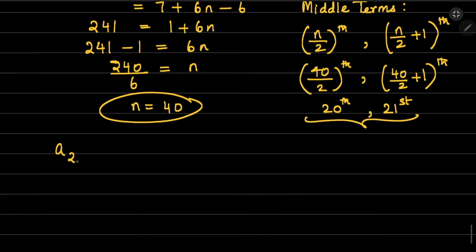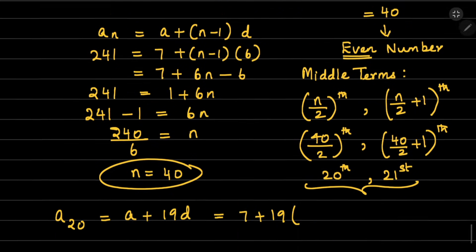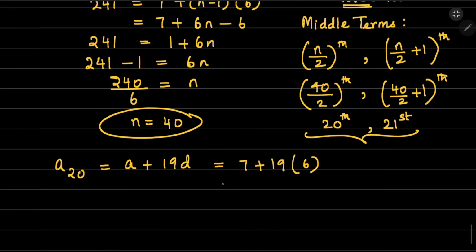So let's calculate what is A20. It is A plus 19D. What is A? A is 7 plus 19 into what is D? It is 6. So 7 plus 19 times 6, which is 114, equals 121.